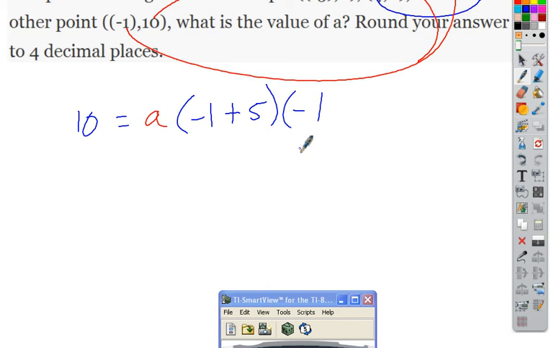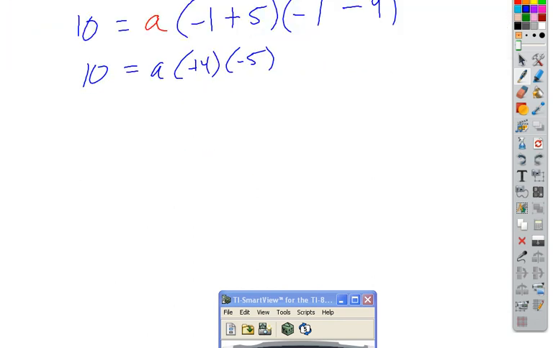Negative 1 plus 5 is positive 4. Negative 1 minus 4 is negative 5. So I get a times positive 4 times negative 5 equals 10. And I get negative 20. So 10 equals negative 20a, so what's a?